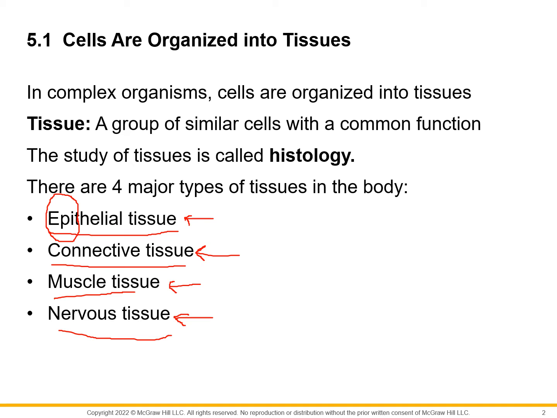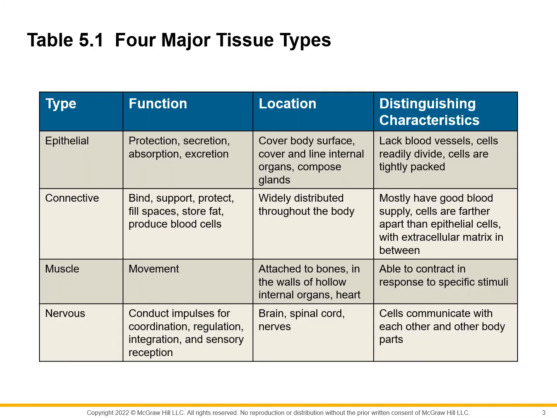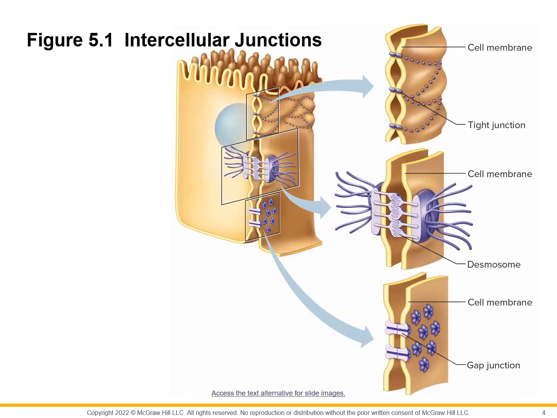So let's look at a few things about them. This is a little breakdown of them, again, giving just general ideas, general locations for them and whatever. And in future videos for this chapter, we'll go into each of these a little bit in depth.